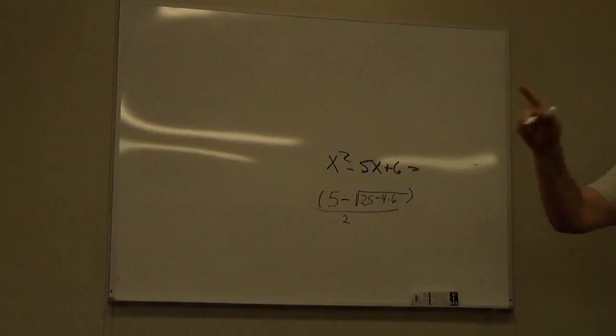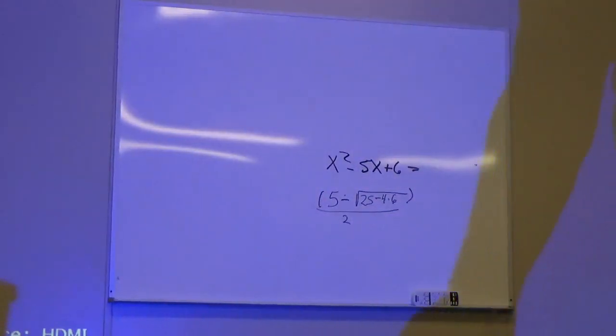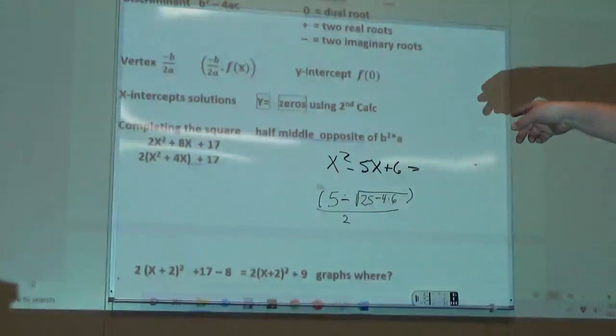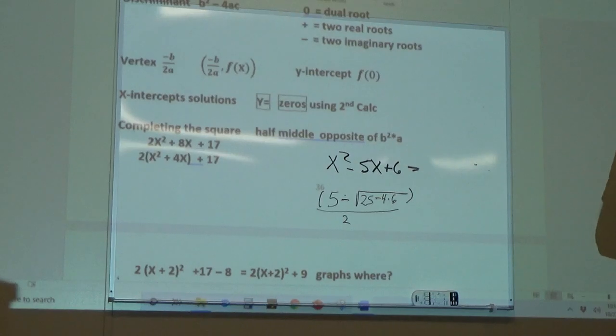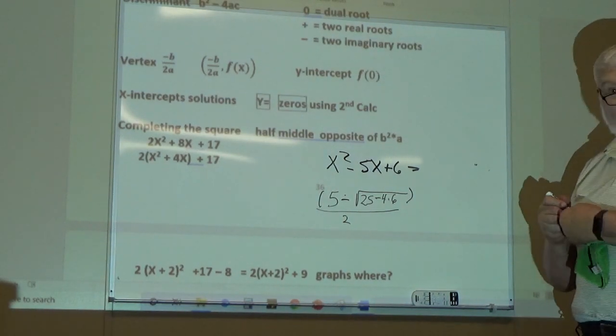Now, did you do this particular problem? What answers did you get? Didn't you just put it in the calculator? Okay, what'd you get for answers? 3 and 2, right? You know why?